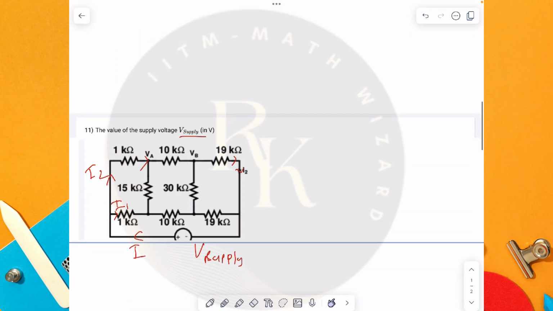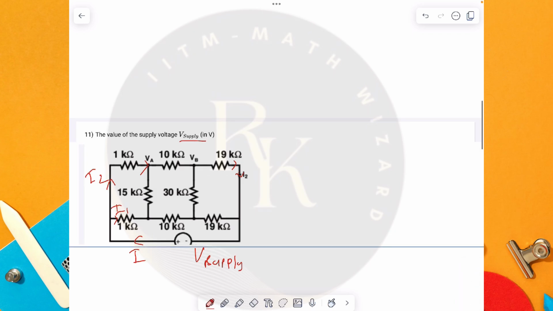So you can take the value of I2 as 0.4 milliampere, so don't forget the value. And if I2 is 0.4 milliampere, definitely I1 is also 0.4 milliampere. I'll say how. If you look at this question very carefully, here 1 kilo ohm, 1 kilo ohm, 10 kilo ohm, 10 kilo ohm, 19 kilo ohm, 19 kilo ohm.